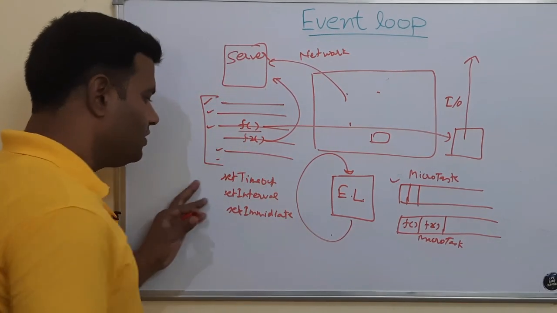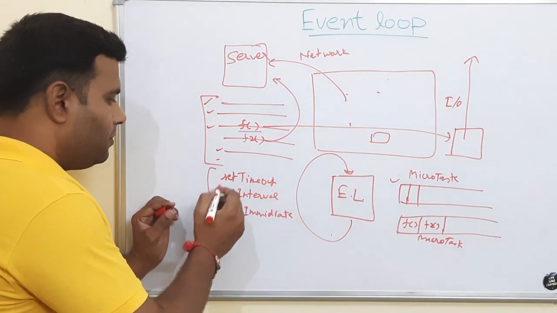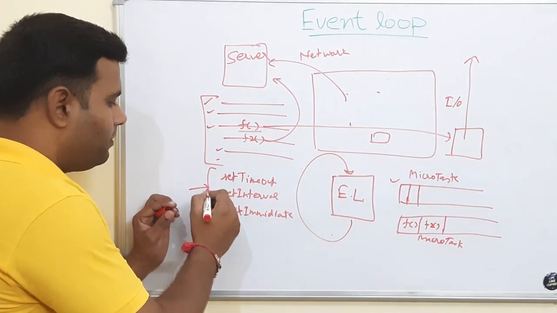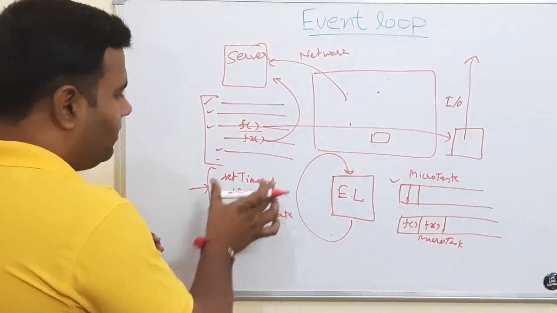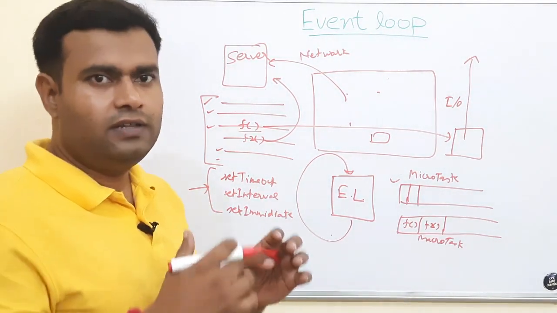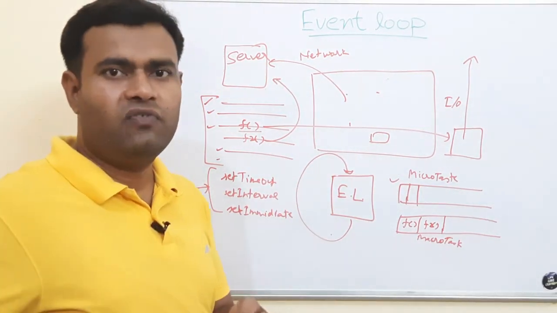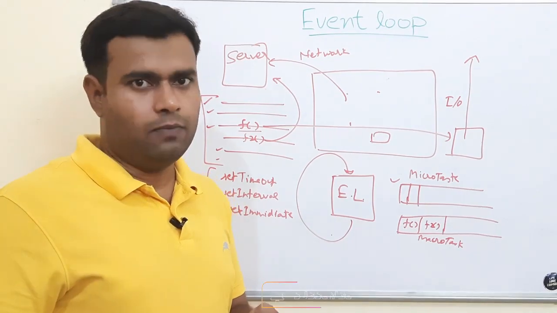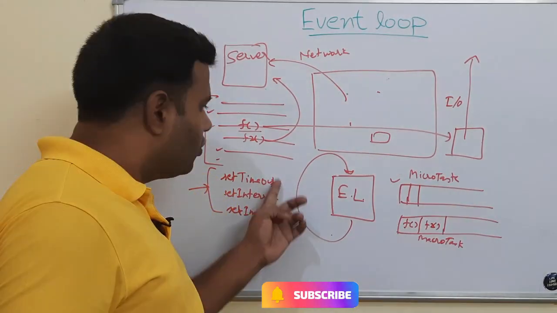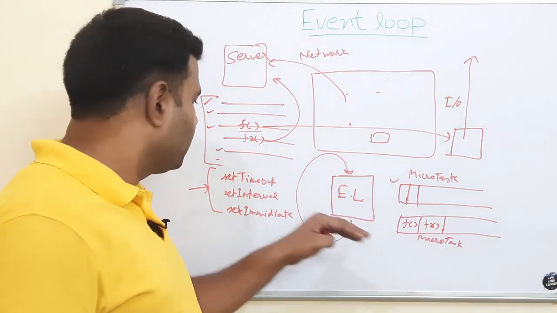Now these functions are basically timing functions. With set timeout, whoever calls it, that particular function will run again after the specified time, right? So it will go to the macro task.